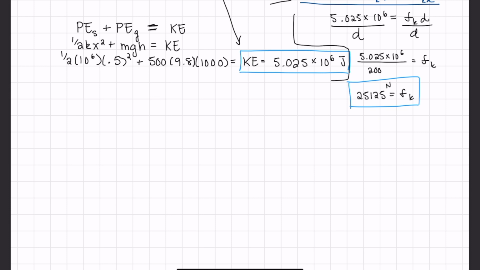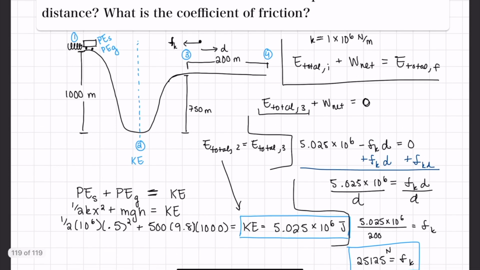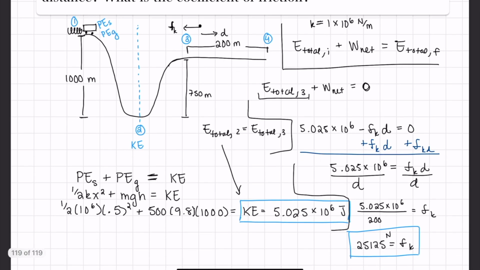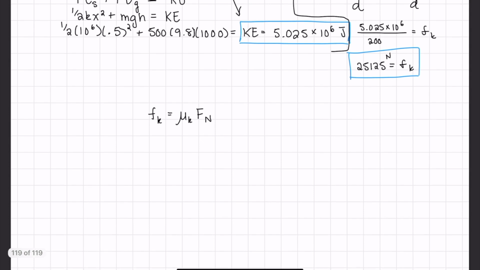And then use this space to say for the very last question, the force of friction is going to be equal to the coefficient of friction times the normal force. When we get to this flat section, the normal force will just be equal to mass times gravity. So we'll have Fk equals mu k times mg, and then we can divide both sides by mg.